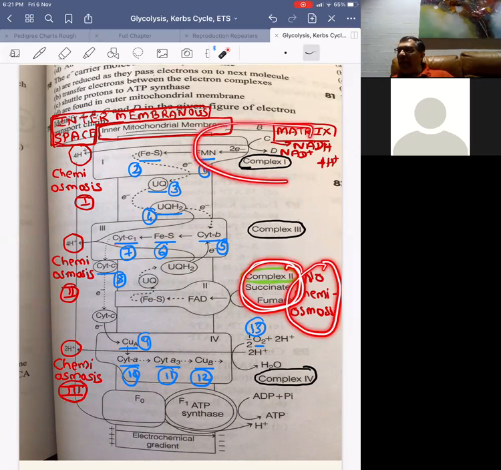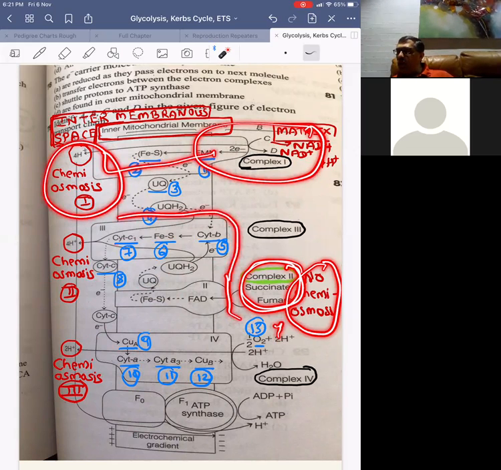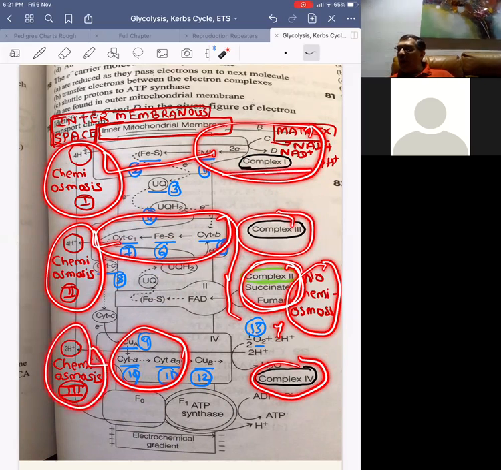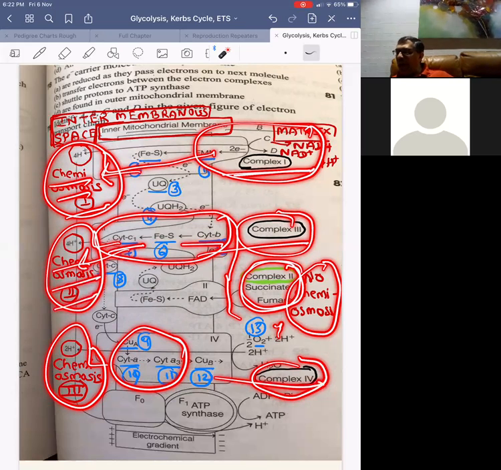complex 1 में chemiosmosis होता है. complex 3 में chemiosmosis होता है. complex 4 में chemiosmosis होता है. So complex 1 में प्रोटॉन पुश आउट होता है तो chemiosmosis होता है. complex 3 में B to C1 प्रोटॉन पुश आउट होता है, chemiosmosis होता है. complex 4 में A to A3 प्रोटॉन पुश आउट होता है, in other words chemiosmosis होता है.